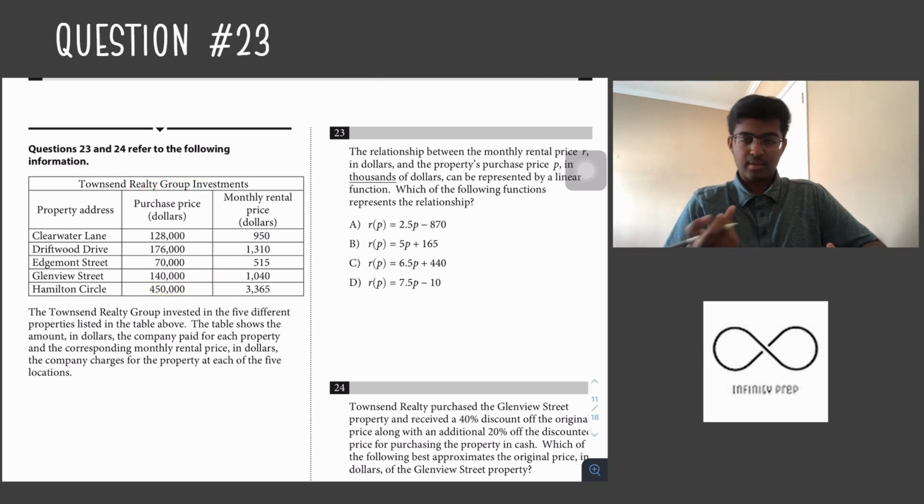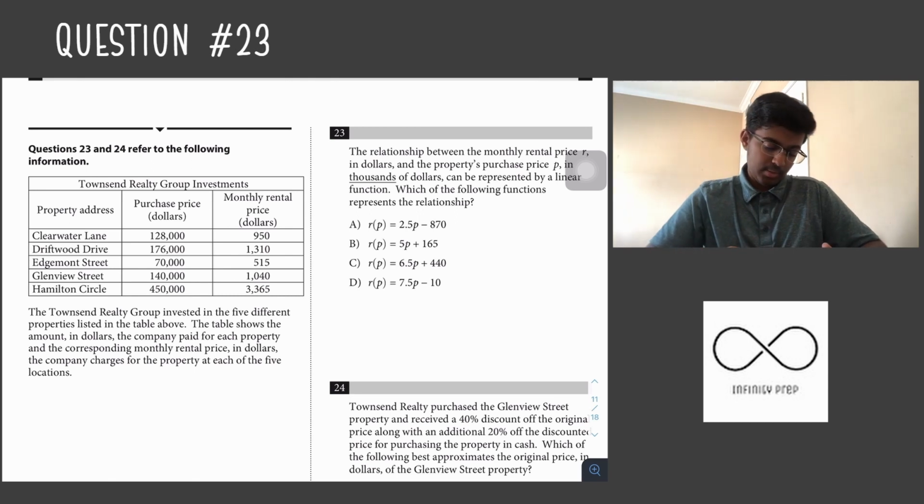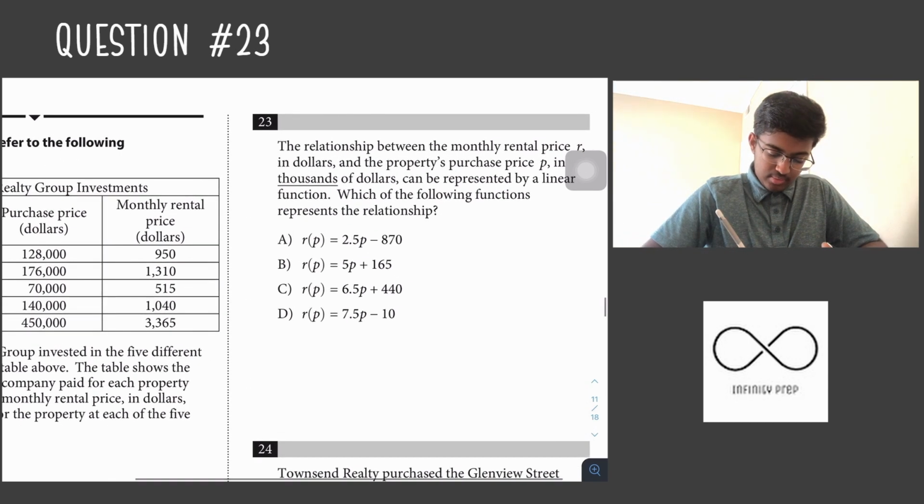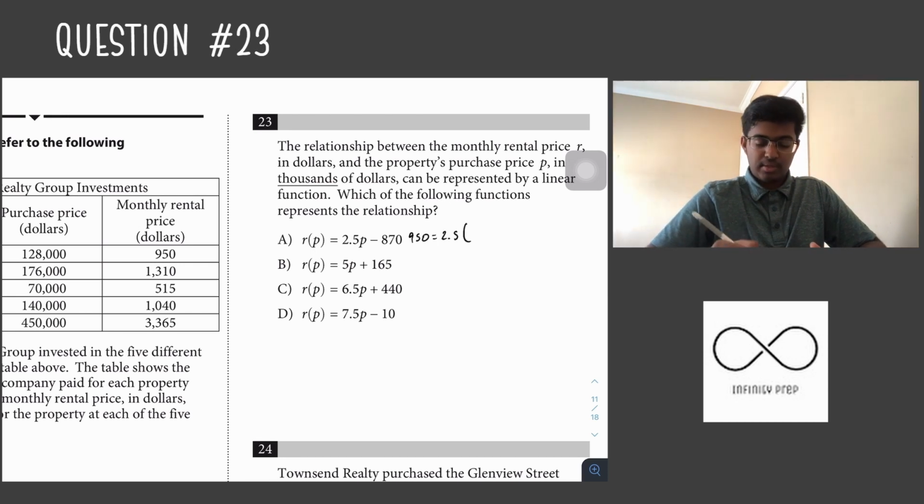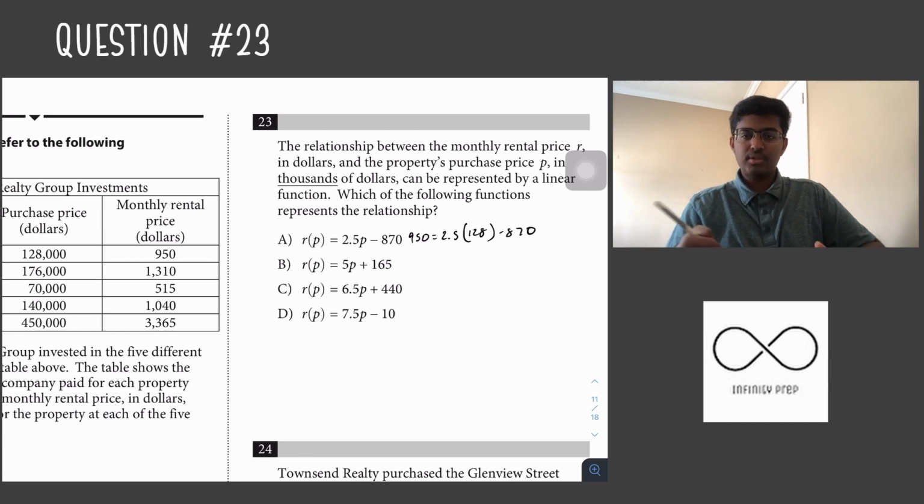To solve this, let's plug the purchase price and rental price for Clearwater Lane into each of the equations below. The rent is $950 and 2.5 times, we can't plug in 128,000, we have to divide it by 1,000 first, so it would become 128 minus 870. Let's first plug in all the values and then put them into the calculator at the end.